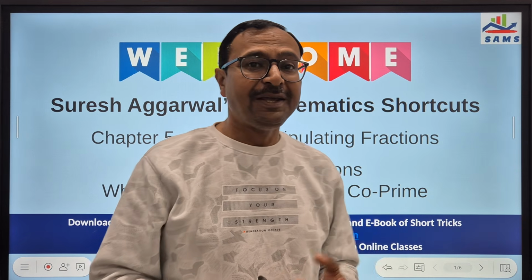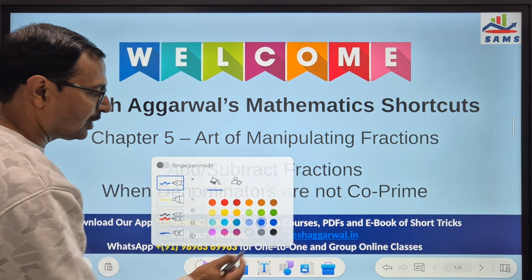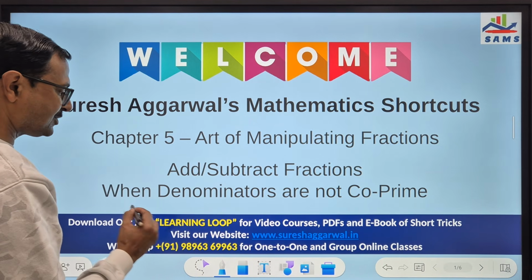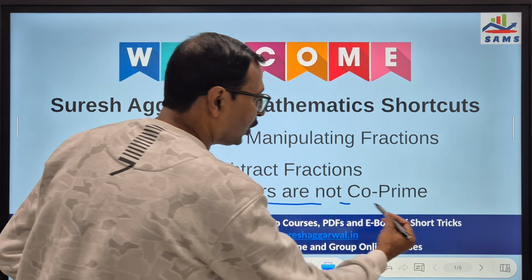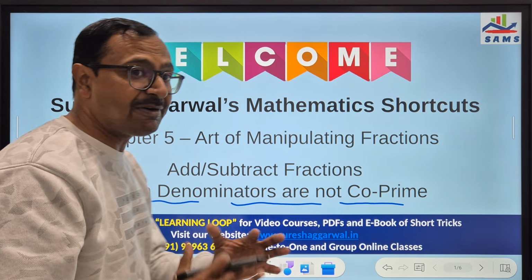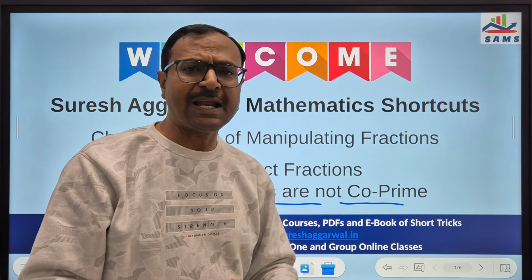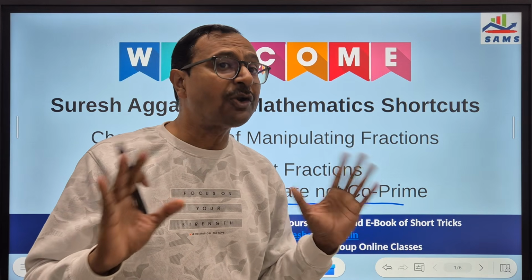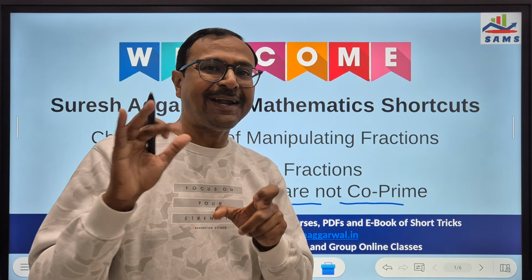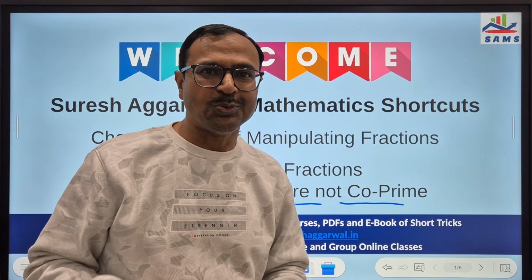What will happen if the denominators are not co-prime? When the denominators are not co-prime, it means they have a common factor between them. Just like 4 and 10. 4 and 10 are not co-prime because they are divisible by a common number, 2.